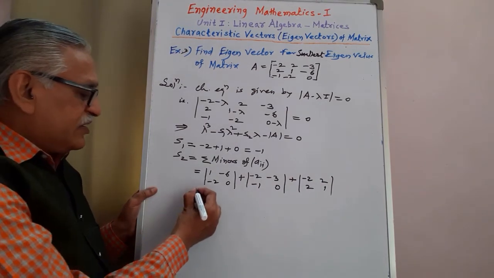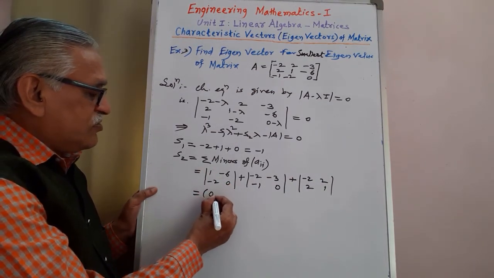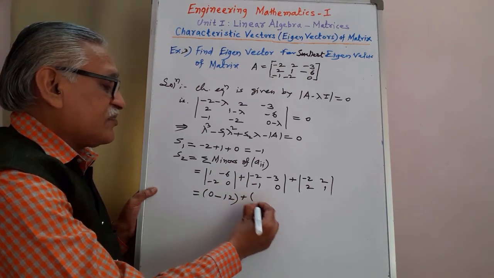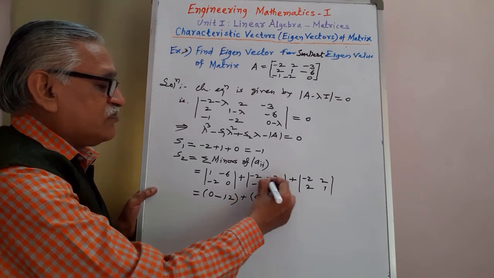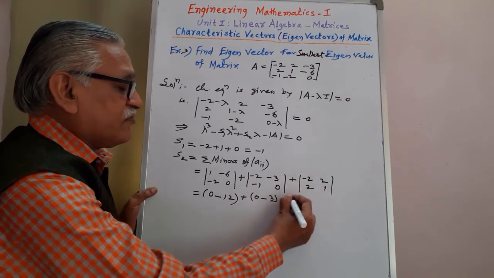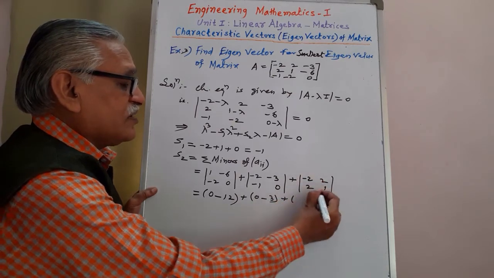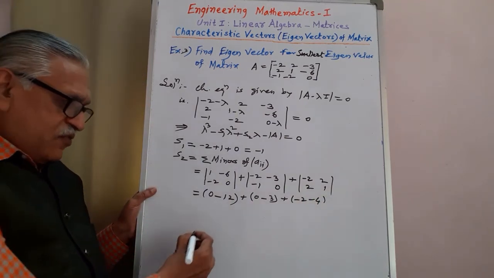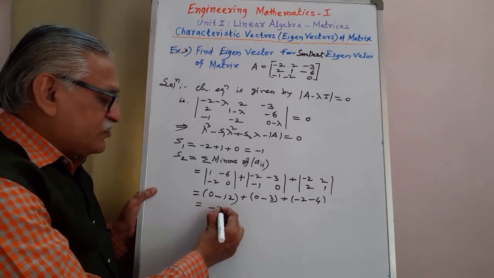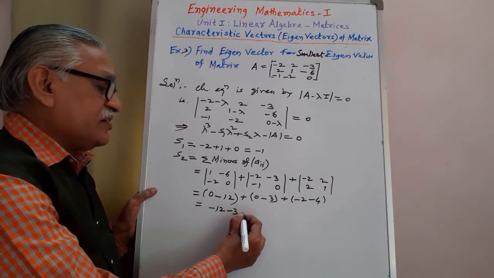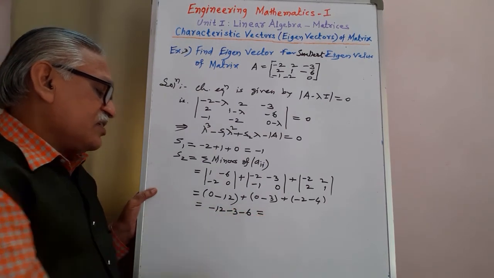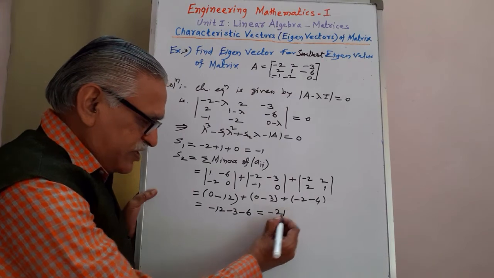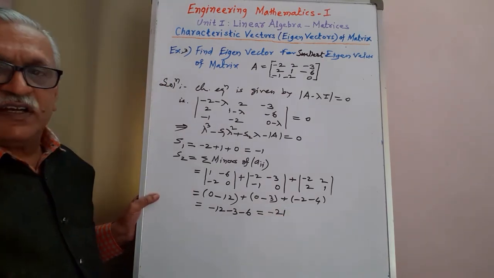Simplifying, it equals 0 minus this product, again 0 minus 3, minus 2 and minus 4, and therefore that value is minus 12, minus 3 and minus 6. Minus 12 minus 9, it is minus 21, the value for S2.